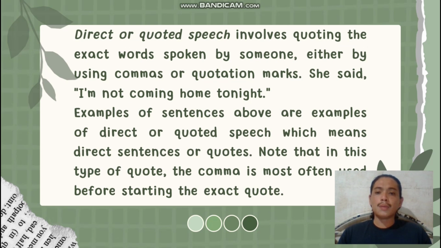She said, "I am not coming home tonight." This sentence is an example of direct or quote speech. Note that in this type of quote, the comma is most often used before starting the quotation.